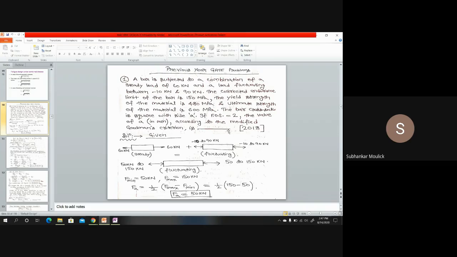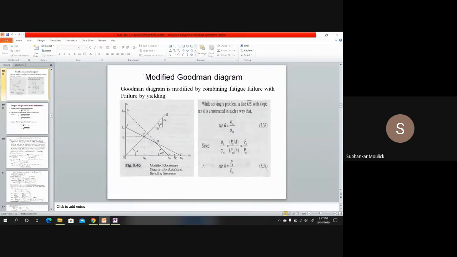Since I know that modified Goodman criteria is obtained by combining the yield line with the endurance line, or the Goodman line.